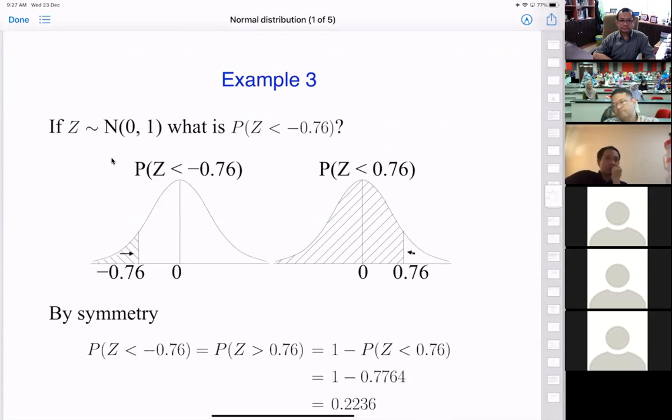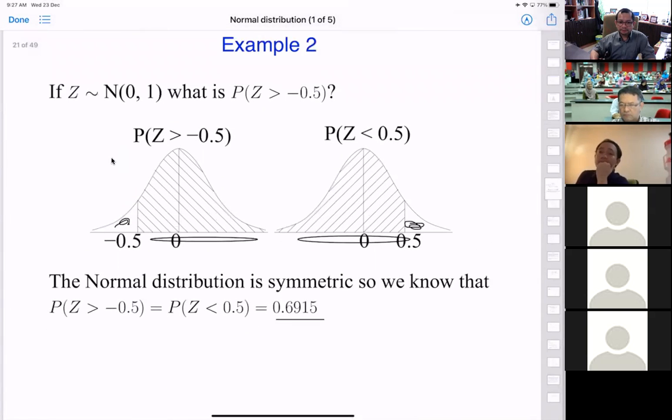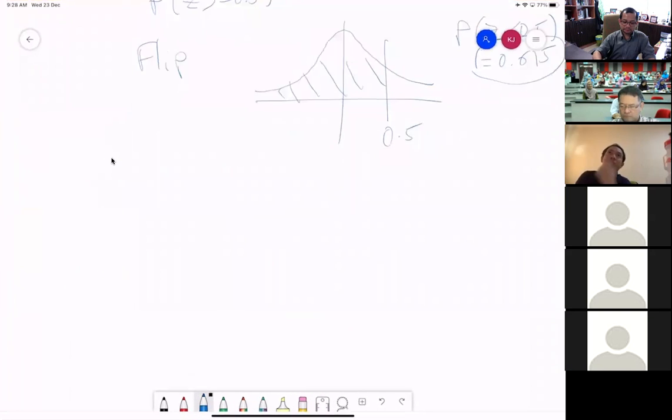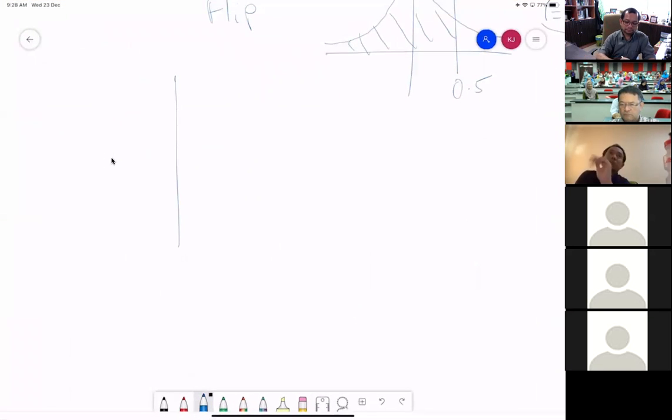Example 3, what is the probability less than 0.76? Previous one was greater than. We flip, then we can read from the table 0.5, probability 0.5. But this one, we want to know less than 0.76, not more than. You want to know at here.